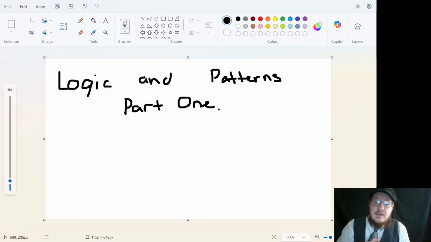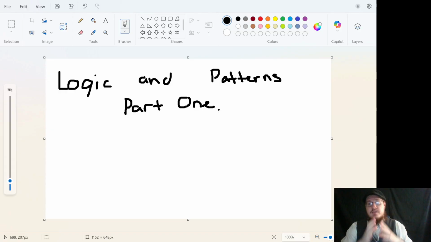Now, what I mean by logic and patterns. Patterns deal with a sequence of somethings that follows a specific rule. It is governed by that rule that we are going to find. Okay?